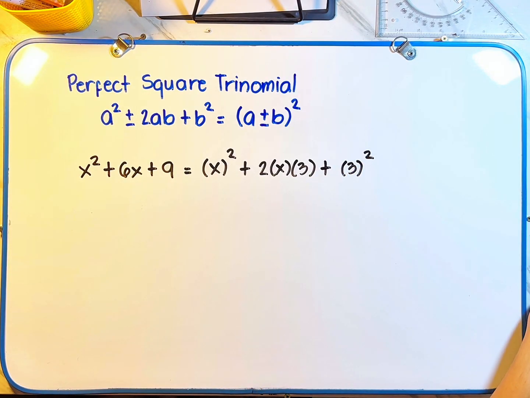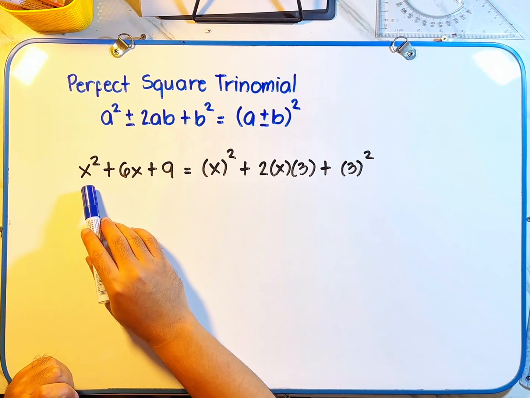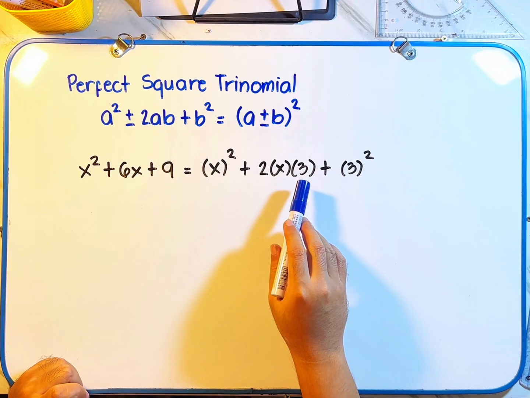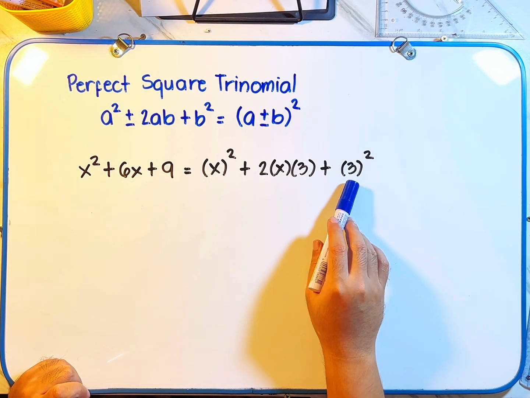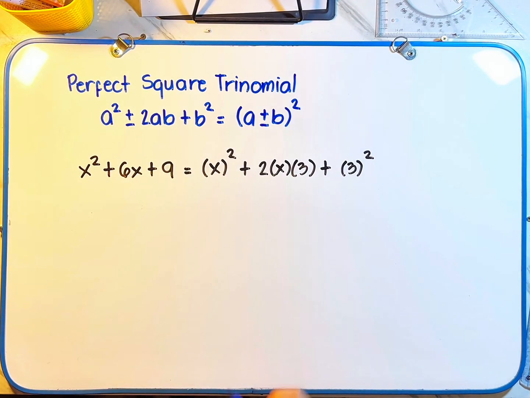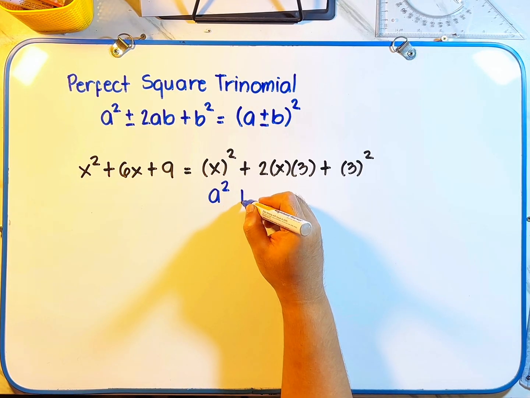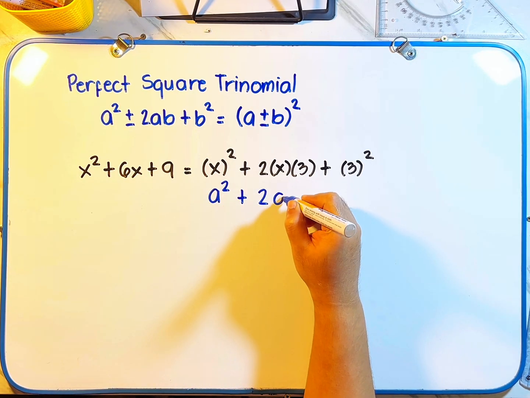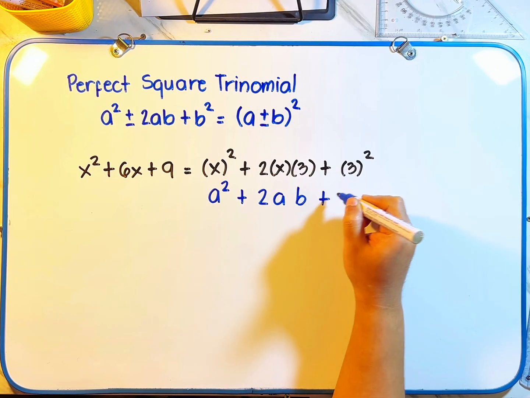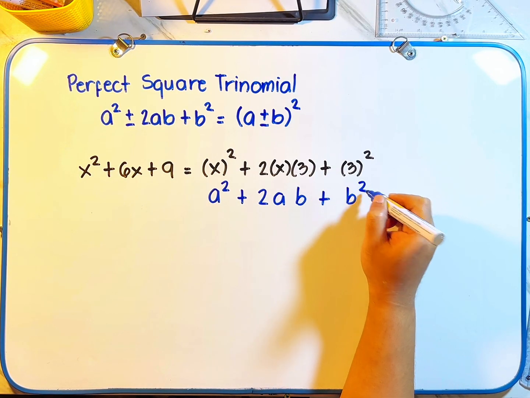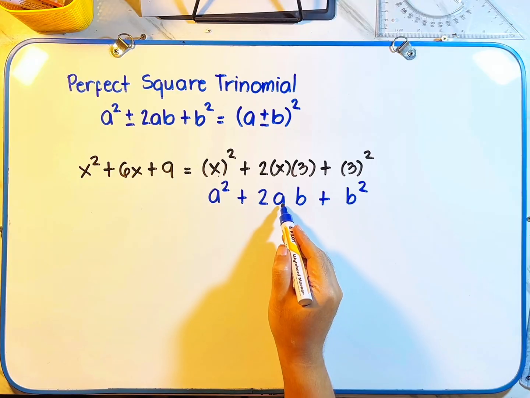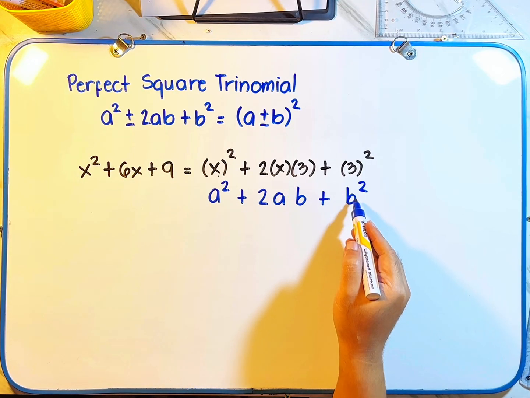Okay? So let's evaluate. x squared is x squared. 2 times x times 3, that's 6x. 3 squared is 9. And in this form, this is a perfect square trinomial, a squared plus 2ab plus b squared. Our a is x, while our b is 3.